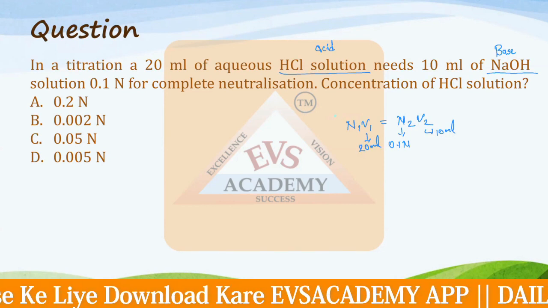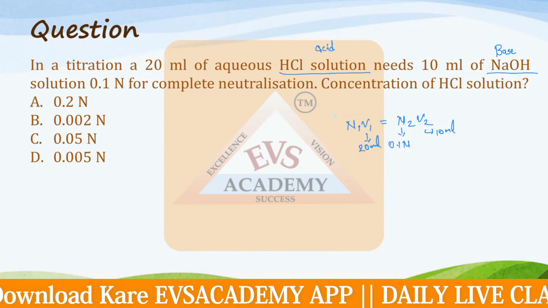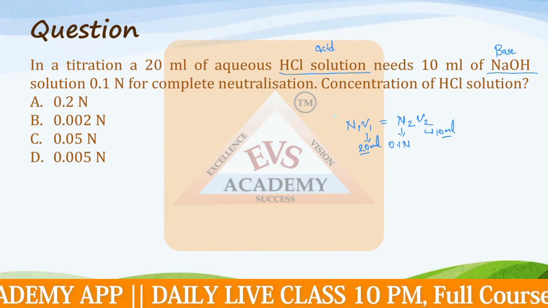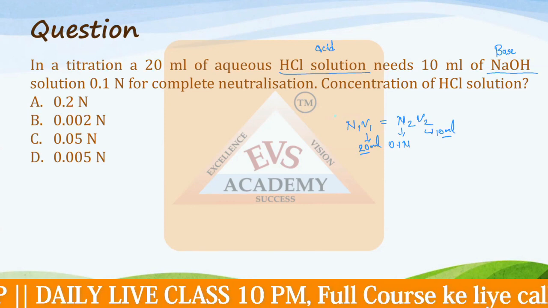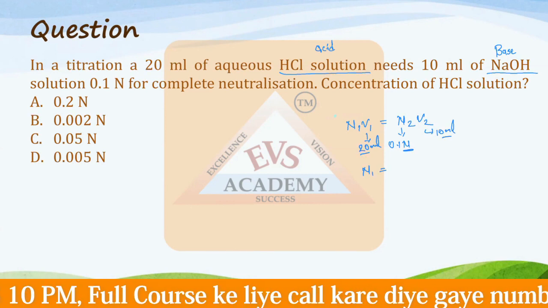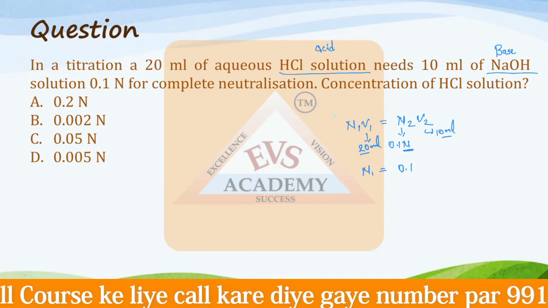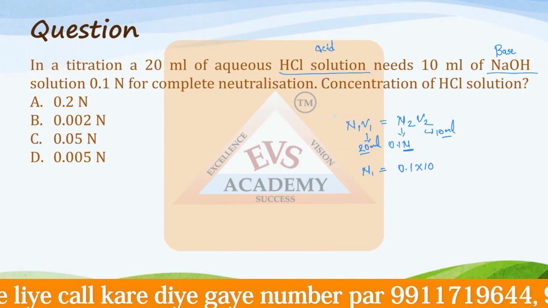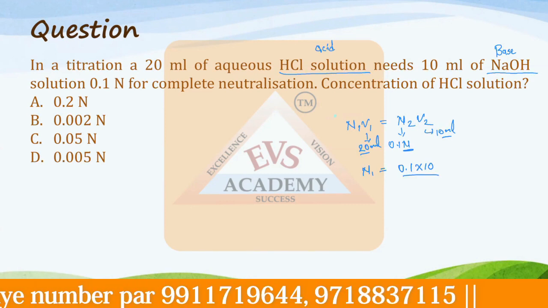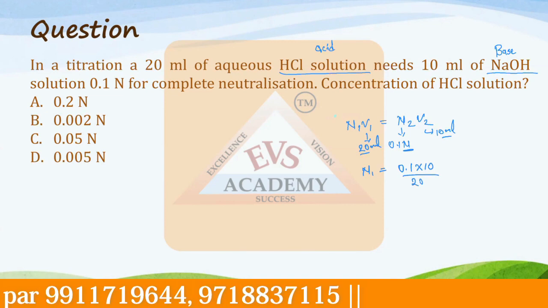And you can see that the units of volume are equal here, ml, ml. And the answer you will get for N1 would be in normal, because you are taking N2 in normality. So N1 is equal to N2 V2, that is 0.1 multiplied by 10, divided by this V1. V1 goes to the other side in the denominator, so that is divided by 20.